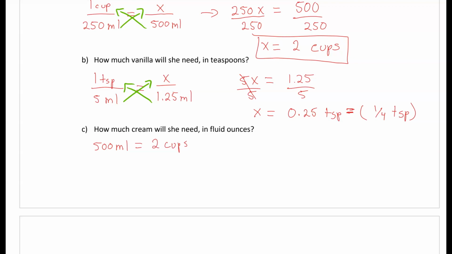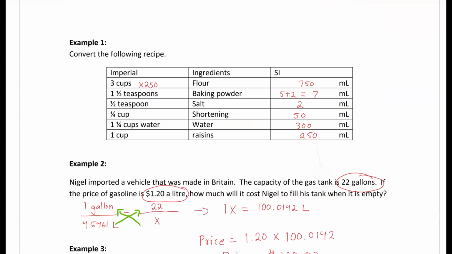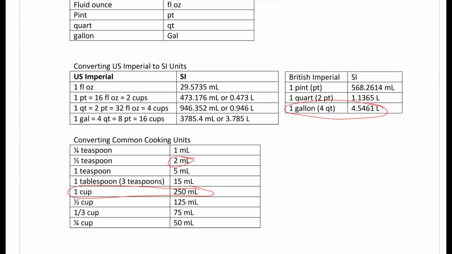Well, if we go back to our original page, we can look up here and find that 2 cups is equal to 16 fluid ounces.